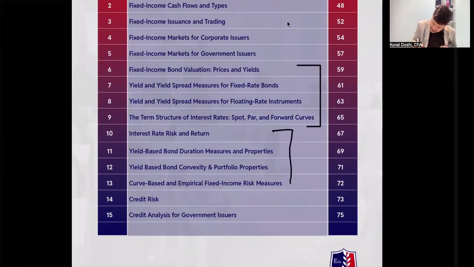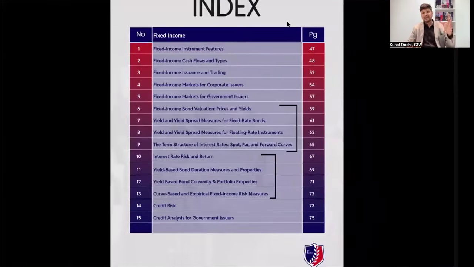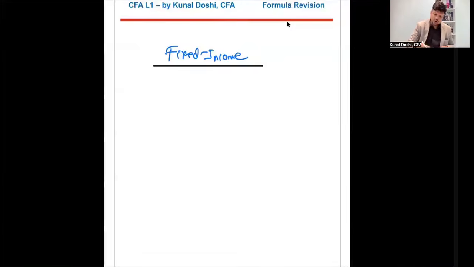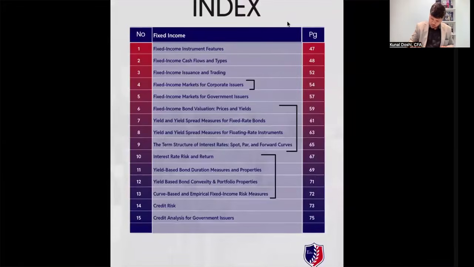Then you have all the risk related formulas. The last six readings and the first five readings have very few formulas. Yes, in case of government issuers or corporate issuers, especially for banks, we have some repo related formulas, right? So let us go through the formulas one by one through the notes.